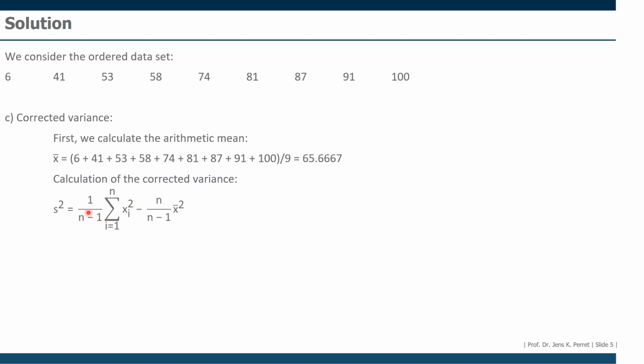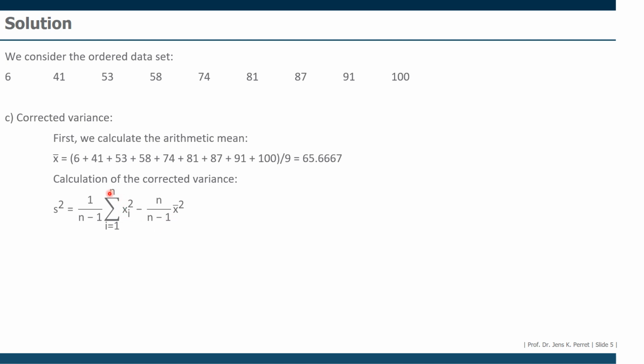Adding them up, dividing them by n minus 1, so in this case 8. And I'm subtracting from this the arithmetic mean squared, and I multiply this with a correction factor, which is n divided by n minus 1.